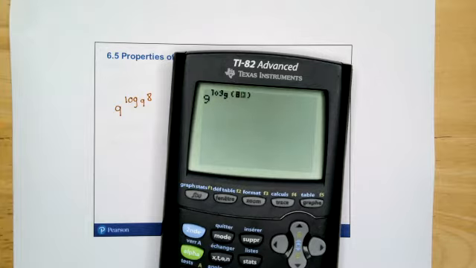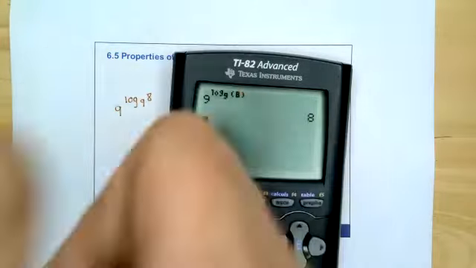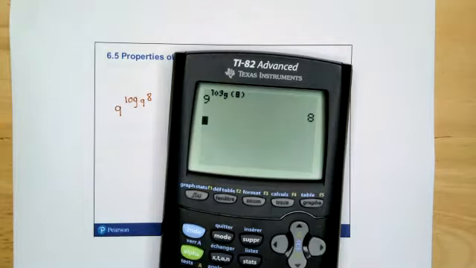Of 8 is going to give me the number 8. So when that base and that base are the same, your answer is whatever you were taking the log of.